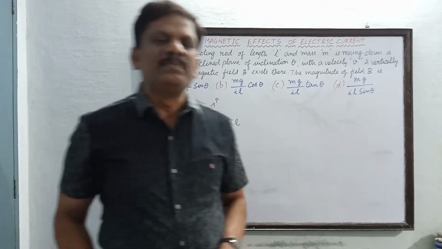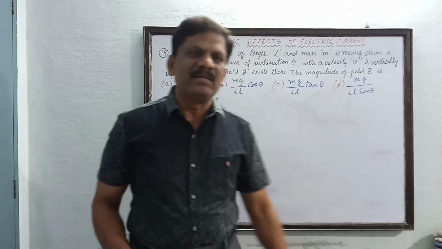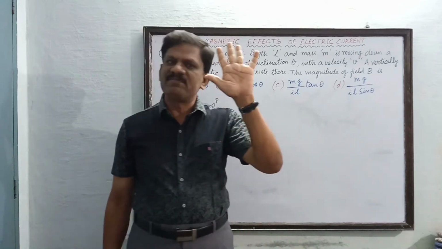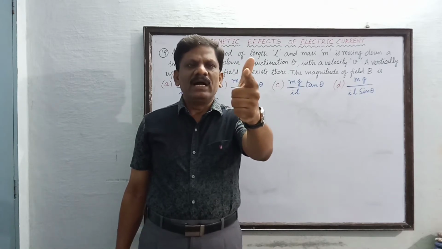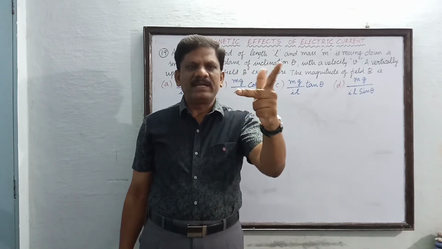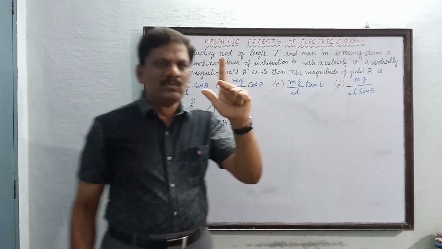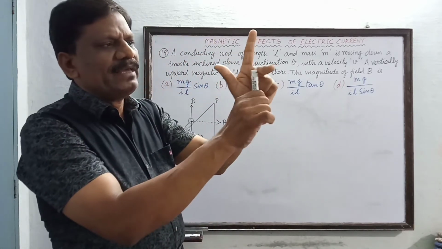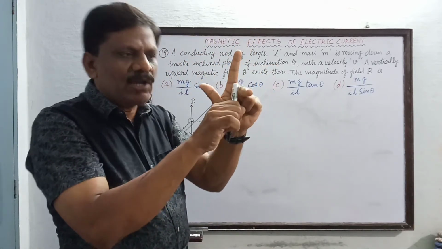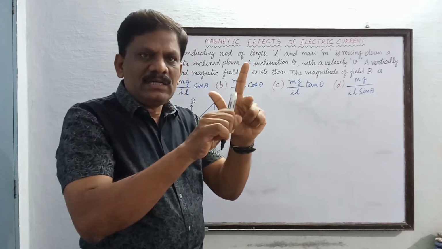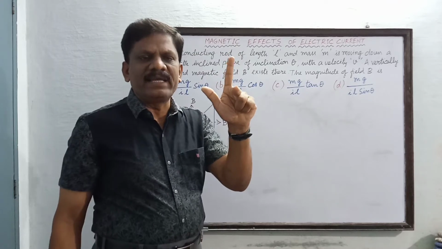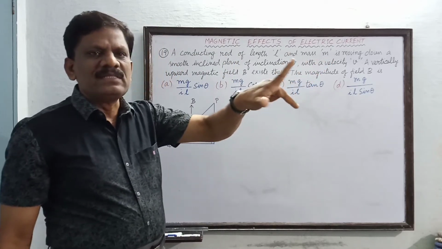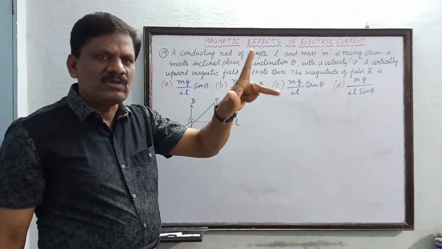This force experienced by the current carrying conductor in a magnetic field is given by Fleming's left hand rule. So we have to stretch the thumb, forefinger and the middle finger at right angles to each other. Now you see here the middle finger gives the direction of the current, that is along the length of the rod, the forefinger gives the direction of the magnetic field and the thumb gives the direction of the mechanical force.